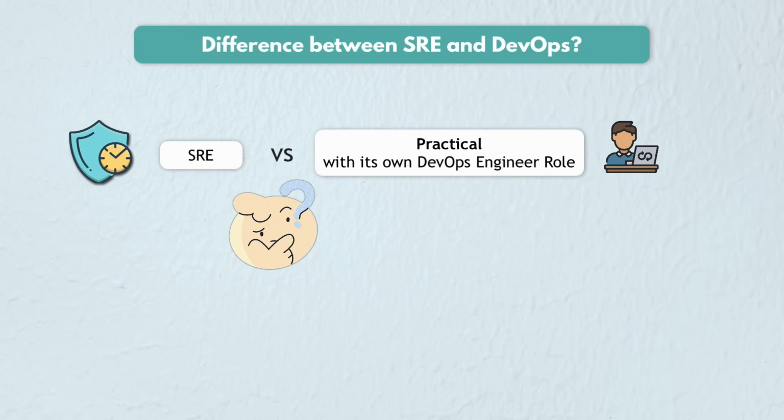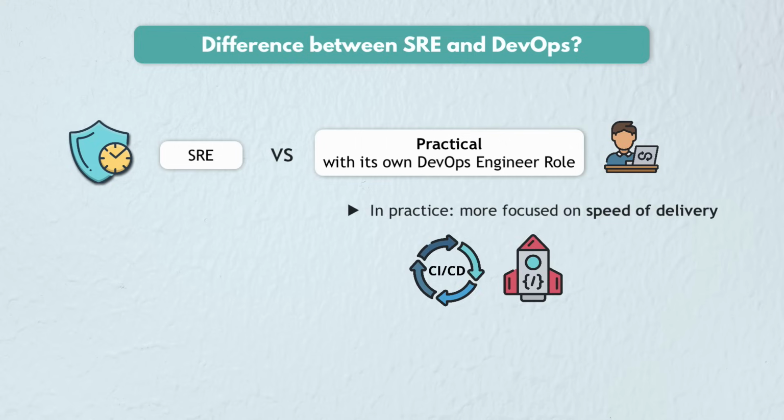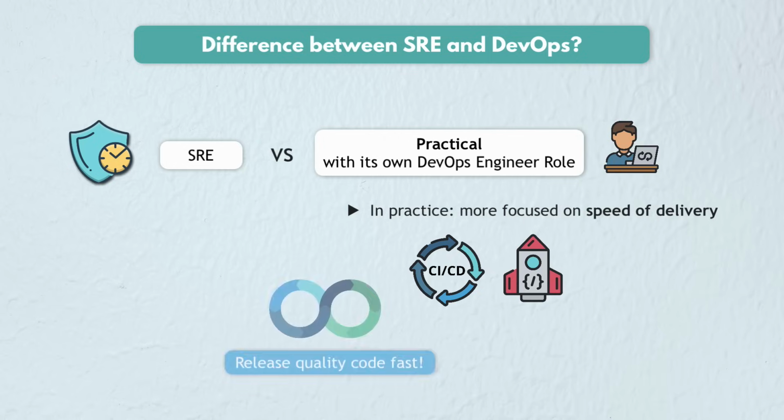Well, in many companies, this practical DevOps implementation became more focused and concentrated on the speed of delivery for the application changes. And of course, even though it's part of the DevOps principles to not only release fast, but release quality code, many DevOps teams in practice seemed to optimize more for speed than reliability.